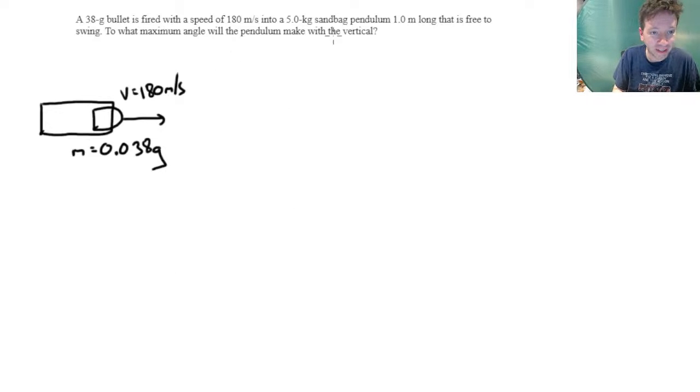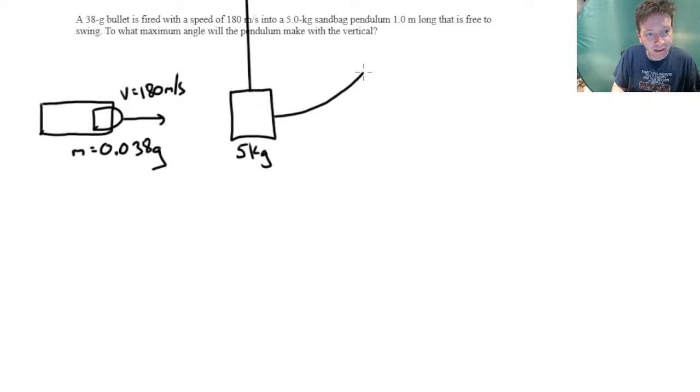Then we hit this 5-kilogram sandbag, a pendulum that is going to swing up to some maximum angle with the vertical that we will label as theta. Kind of writing over the question here, but a big drawing is a good one. We need to figure out what theta is.